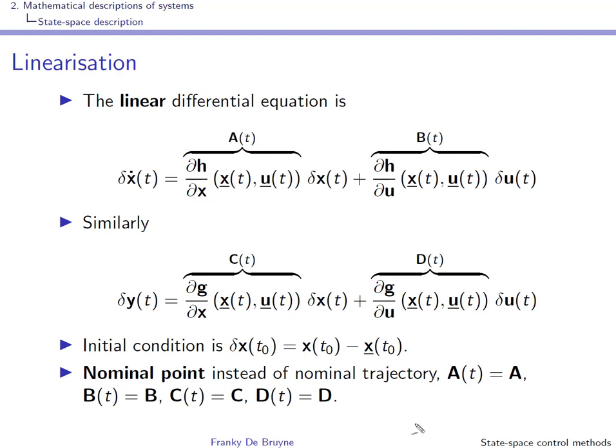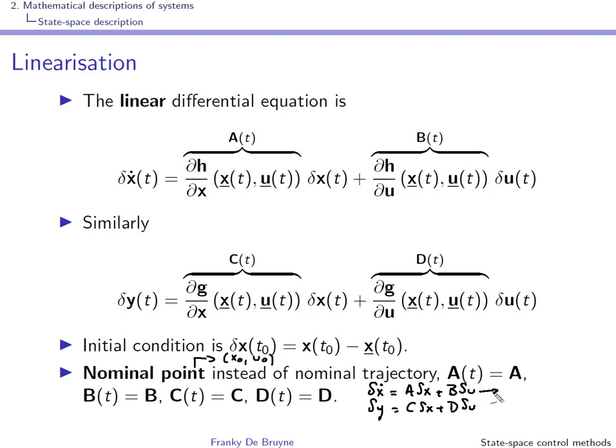If you're working around the nominal working point x0, u0, you can obtain a state space description of the variation around this nominal working point, and this state space description is delta x dot equals A delta x plus B delta u, and delta y equals C delta x plus D delta u.